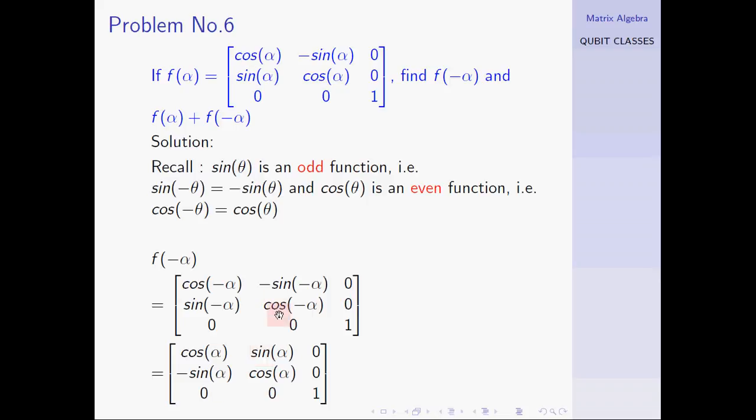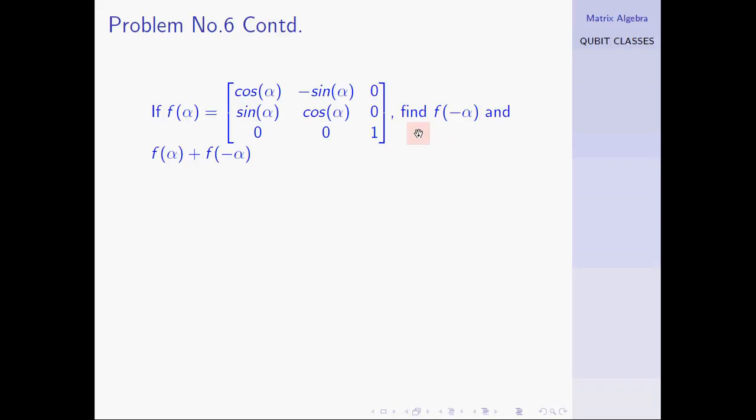For cos of minus alpha, you will still get cos alpha. So notice that f of minus alpha is actually a transpose of f of alpha, because the first row has now become the first column, the second row the second column, and the third row the third column.